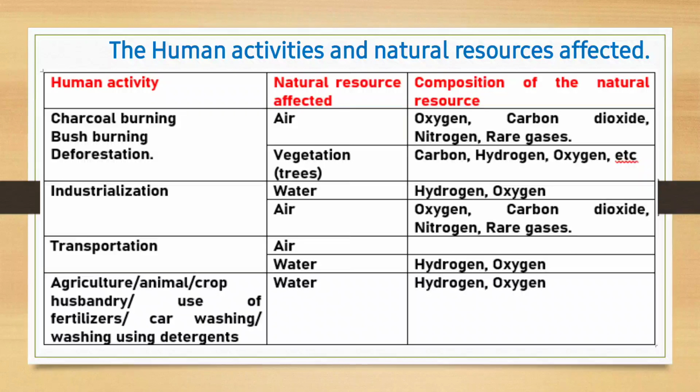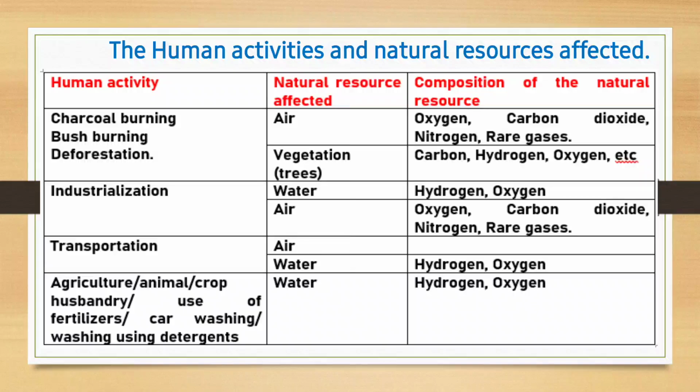Bush burning is also affecting air, because as you're burning the rubbish or the bushes, we are releasing too much carbon dioxide in the atmosphere. We are releasing carbon monoxide, which is toxic. And we are also affecting vegetation, because as you burn the bushes, some plants and some trees are destroyed. Okay, so having understood the natural resource affected, you must now come to the composition of the natural resource.